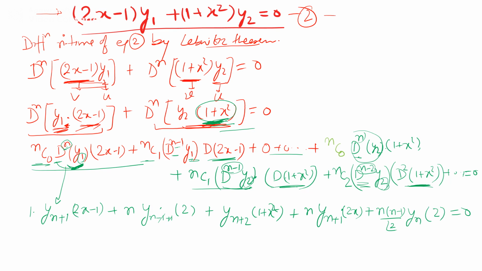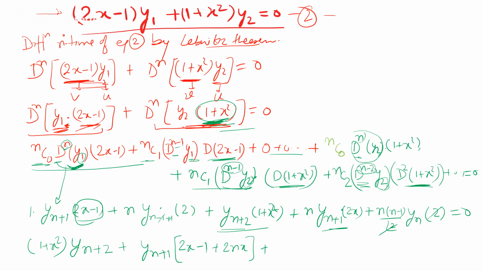Now you just simplify it; this term is cancelled. First you write the highest order derivative, y(n plus 2), which is a single term, so we write (1 plus x square). Now we take y(n plus 1) common, so we have y(n plus 1) and (2x minus 1). The second term is there, here you write 2nx plus 2nx.